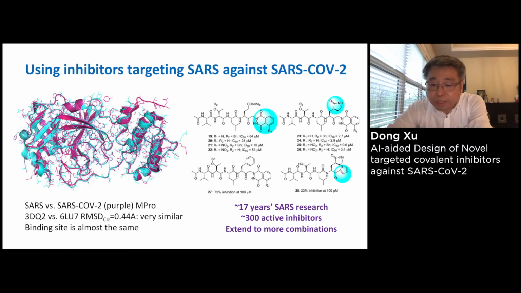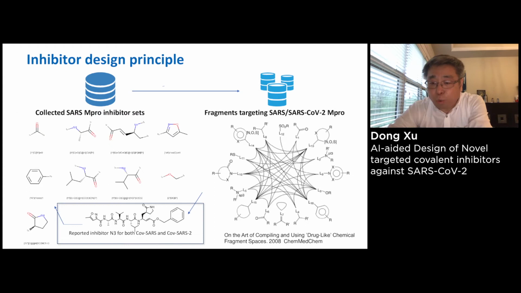We can use these inhibitors as a base to design novel drugs to target SARS or SARS-CoV-2. The basic idea is that we can partition the 300 molecules into smaller chemical groups, then recombine them to generate novel chemicals, and test whether they are suitable candidates.